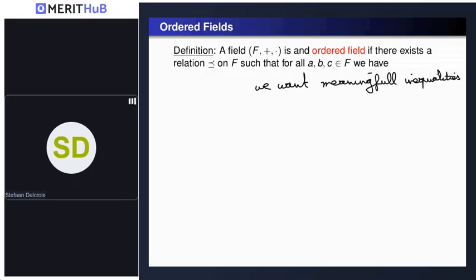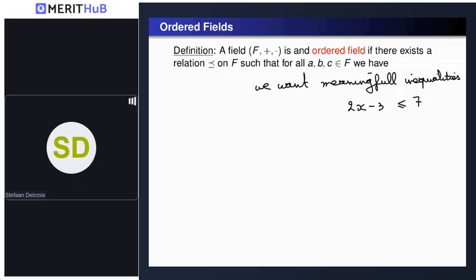For example, if you look at 2x minus 3 is less than or equal to 7. How would you solve this? You add 3.